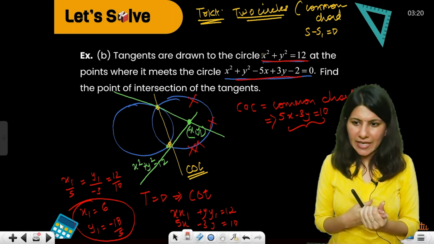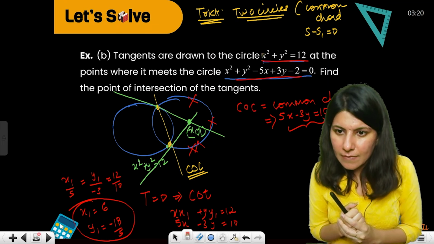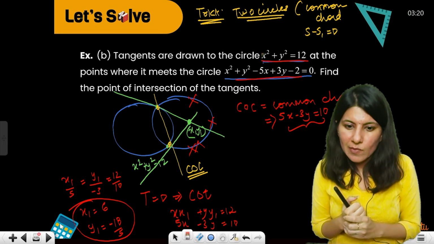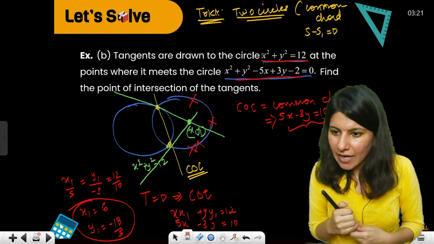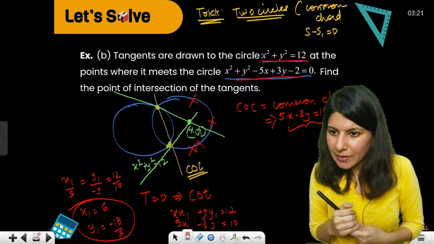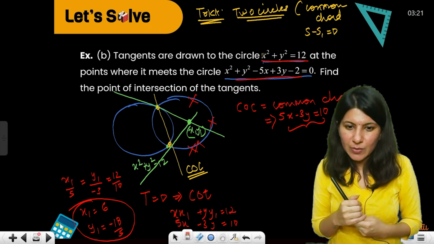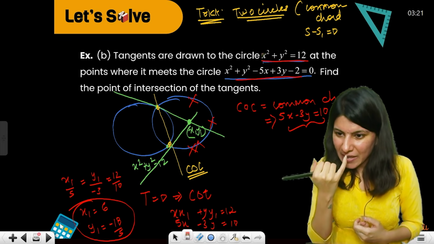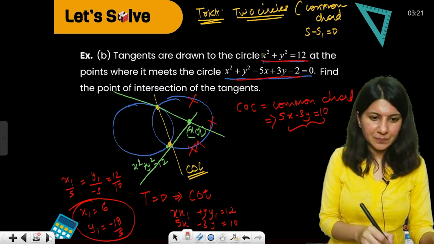So it should be negative, right? 5x minus 3y equals 10, and the chord of contact will be x x1 plus y y1 equals 12. So 12 by 10, perfect. So k is minus 18 by 5. Yes, k is minus 18 by 5. Correct.